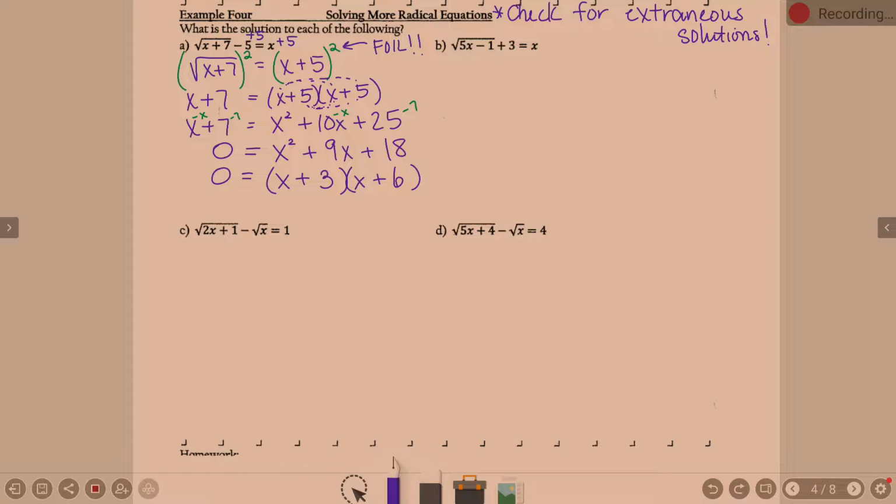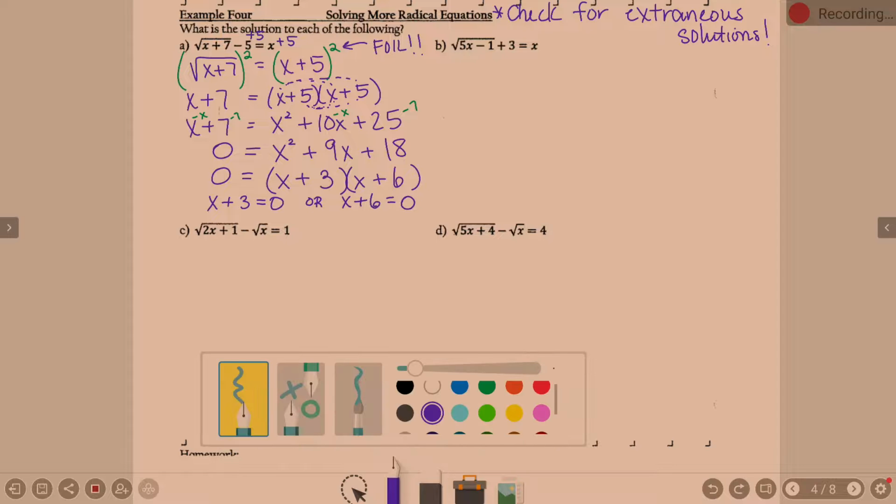We haven't actually solved. I need to work until I have x equals. Right now I have x plus 3 times x plus 6 equals 0. So set both parts equal to 0. x plus 3 equals 0, or x plus 6 equals 0. If it's x plus 3 equals 0, we have to subtract 3.